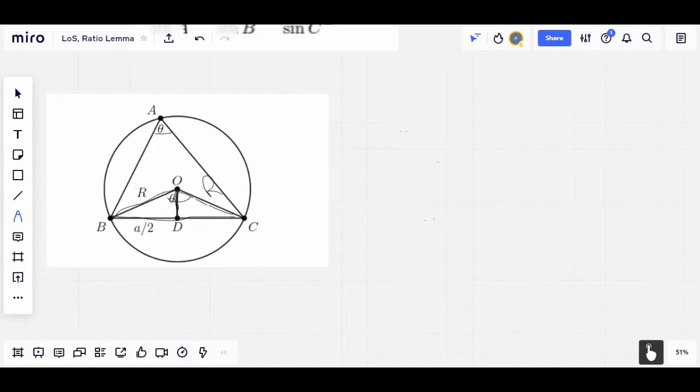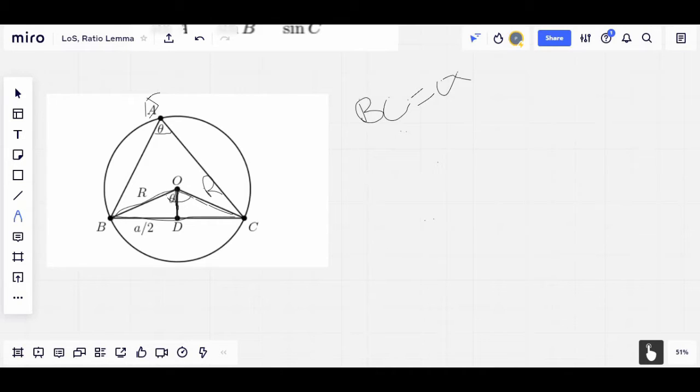Alright, so if we're splitting BC in half, note that BC equals a. This is another convention. That looks like an alpha, but anyway, BC equals a. The angle big A, this one, is always opposite of the side little a.